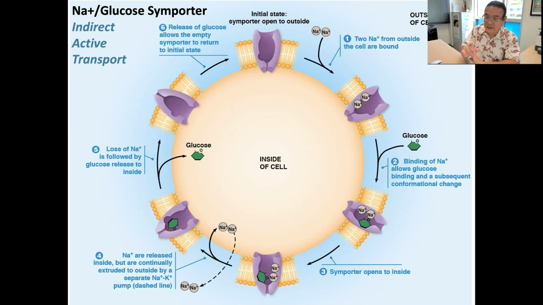Again, the principle is the flow of sodium wanting to rush in because of the existing artificial disequilibrium of high sodium on the outside versus low on the inside. That force is stronger than any resistance that the glucose has in being shoved up against its concentration gradient, right?